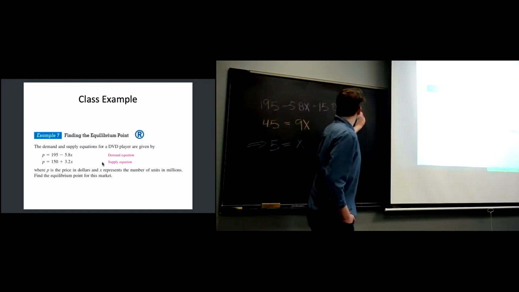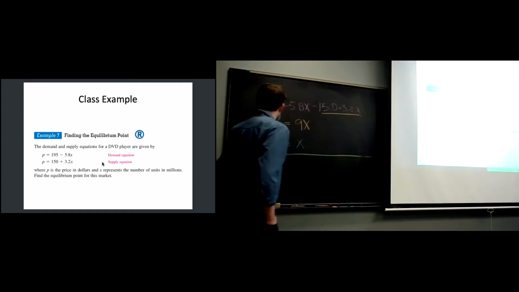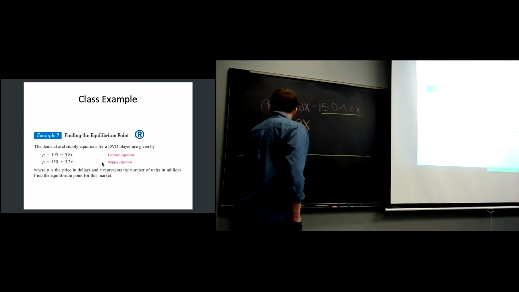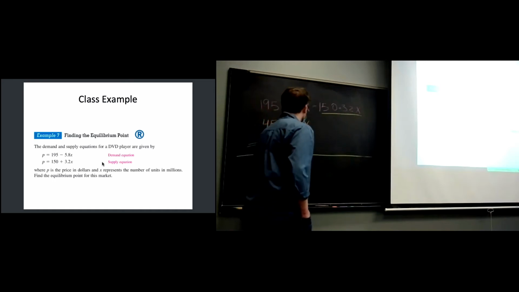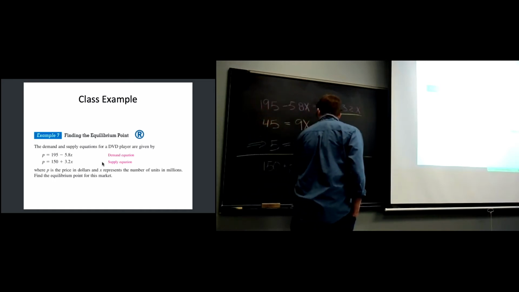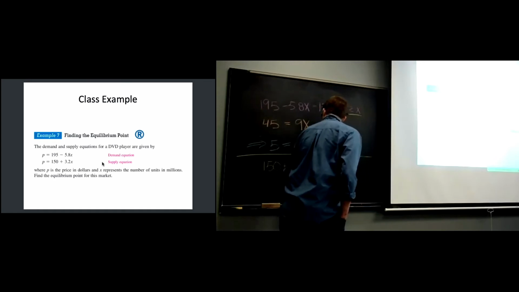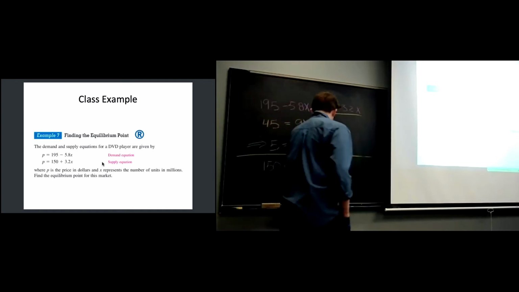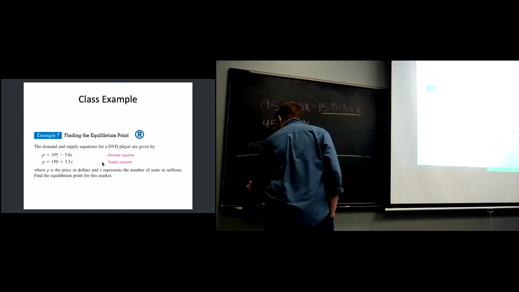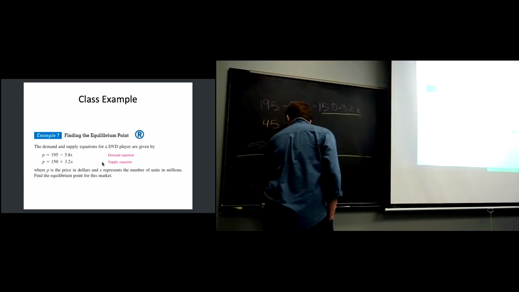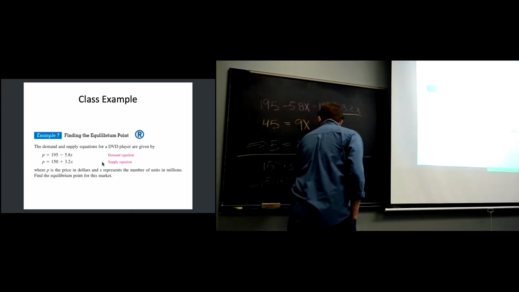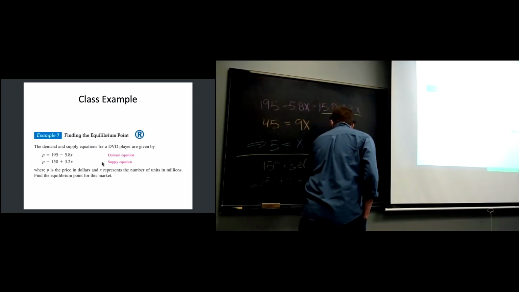So since I like this equation more, we're going to get 150 plus 3.2 times 5. 3.2 times 5 is 16. So that's 150 plus 16, or 166, is equal to P.